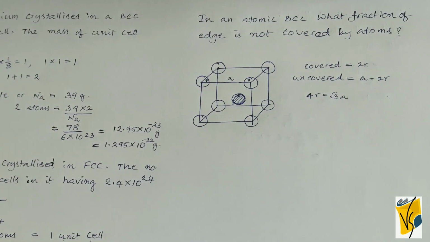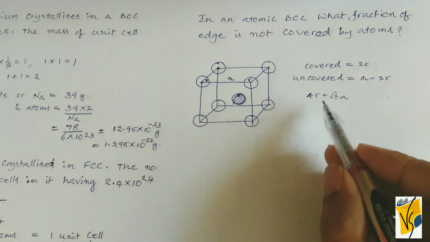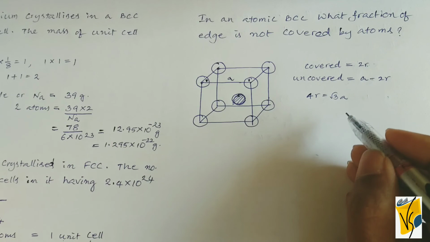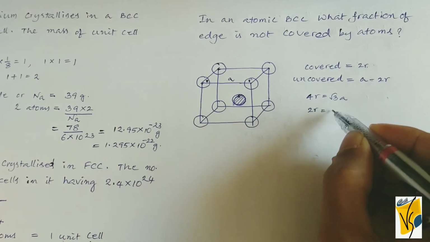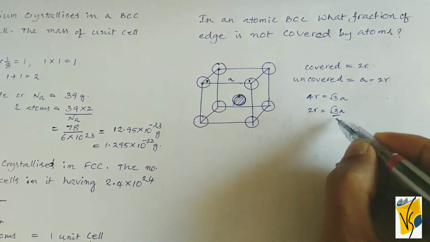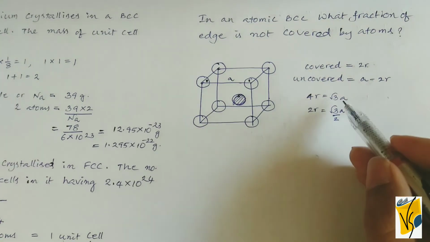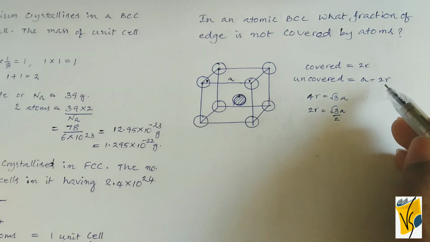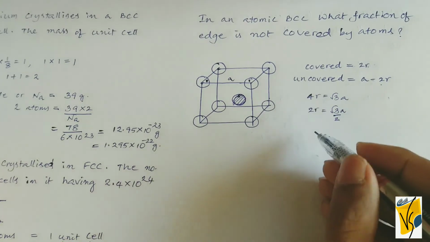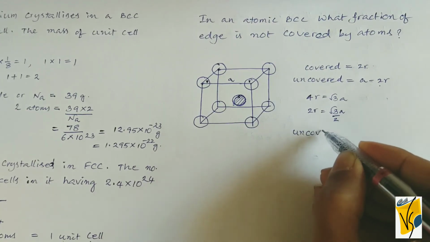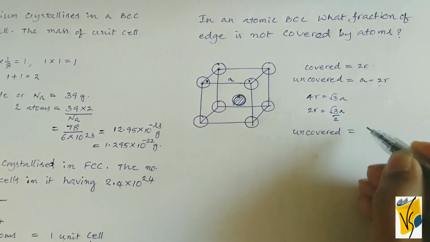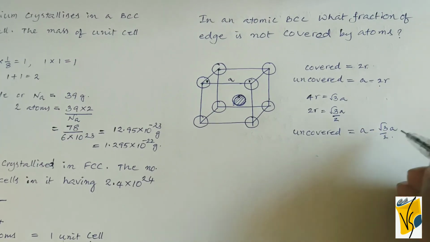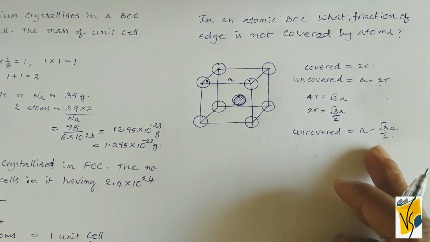So this is the relationship between the radius and edge length. Now 2R is equal to what? 4R is equal to root 3 A, or 2R is equal to root 3 A by 2. Now substitute 2R here. So the uncovered portion now becomes A minus root 3 A by 2.